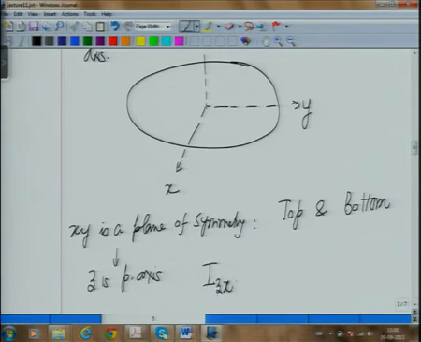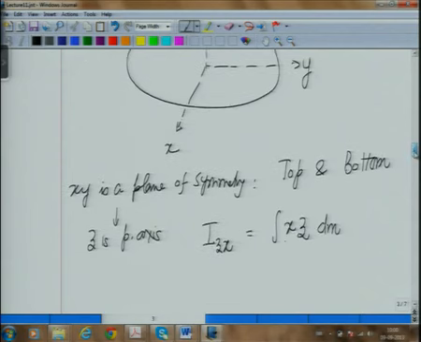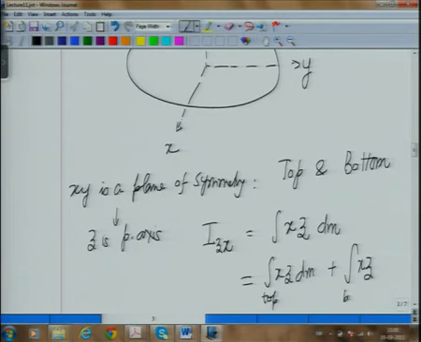So now if I look at Izx, this will be equal to the integral of x times z dm. I can divide this into two parts: integral xz dm for the top, plus integral xz dm for the bottom.